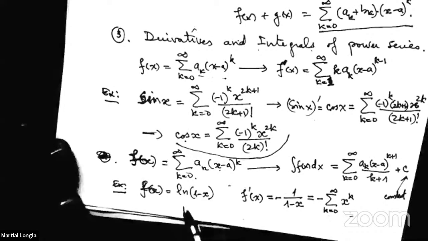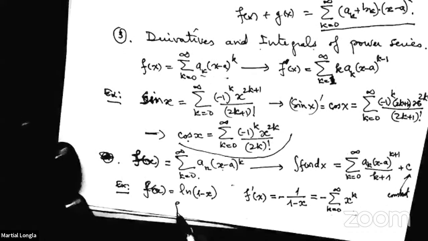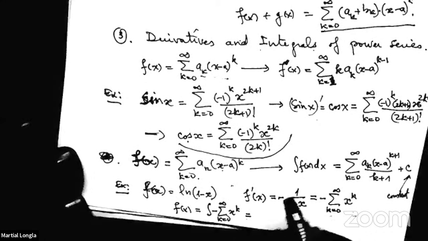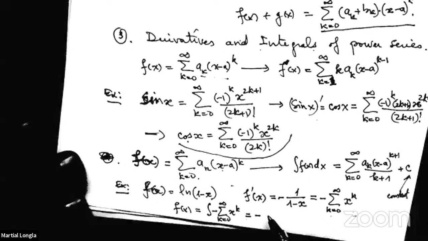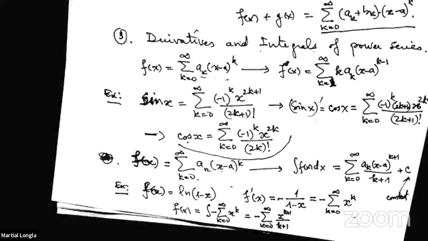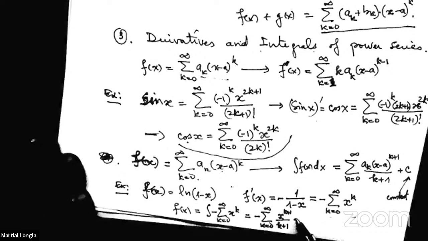Therefore, I'm going to say that the function f of x is equal to the integral of negative sum k from 0 to infinity x to the k, which is negative sum k from 0 to infinity, and the integral of x to the k is x to the k plus 1 over k plus 1. So that's it, plus a constant of integration.